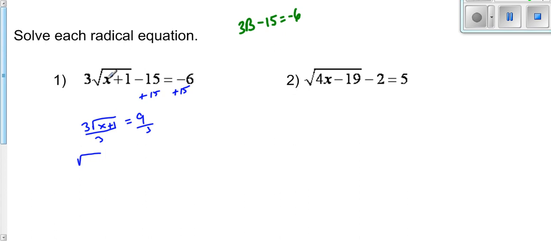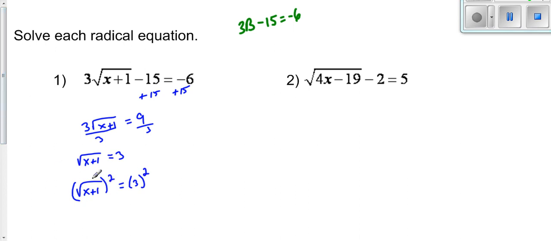Then we'll divide both sides by 3. We'll get the radical expression, the square root of x plus 1, all by itself. Now we have to be really careful. We will not be subtracting 1 from both sides, because the plus 1 is underneath the radical. So now we will square both sides. The purpose of squaring both sides is to cancel out the square root.